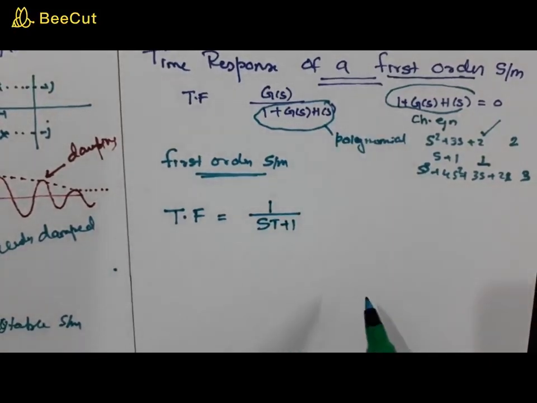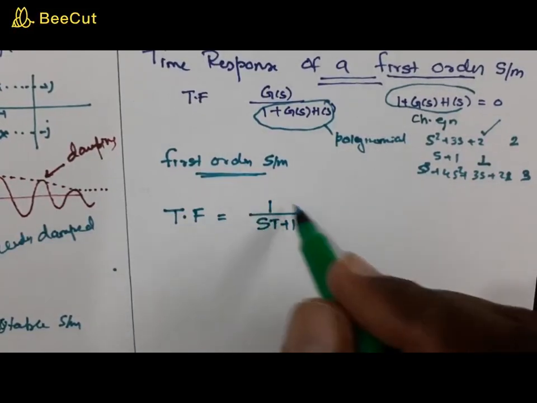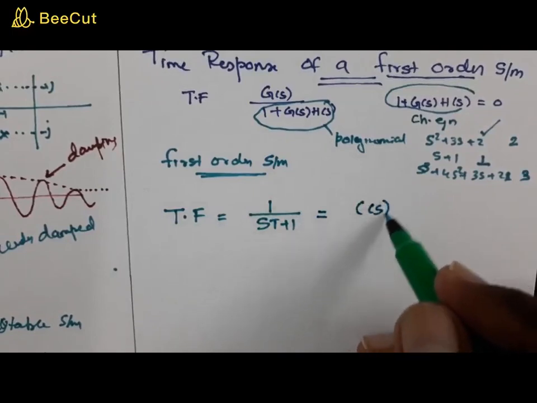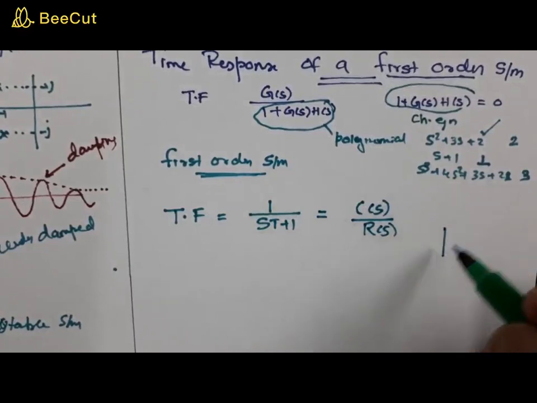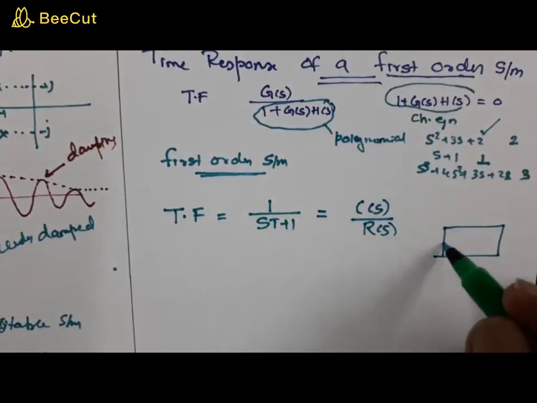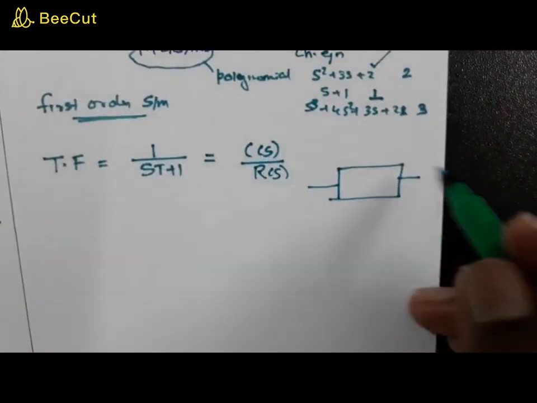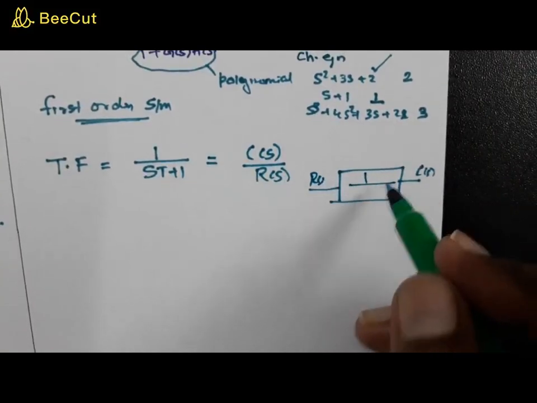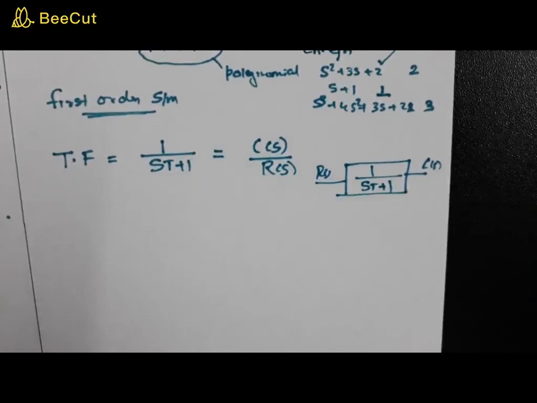So this is a transfer function, and if you represent it as a single block, you can write C(s) as the output, R(s) as the input, and this block will have 1 by sT plus 1.